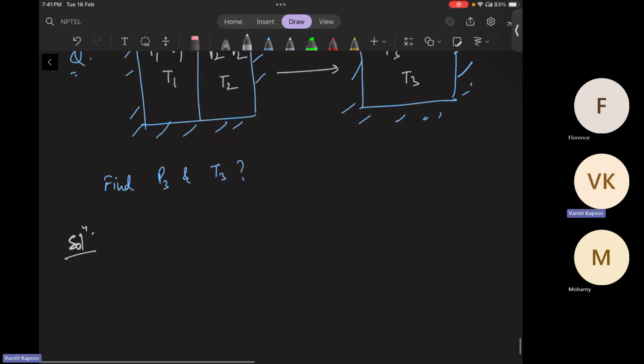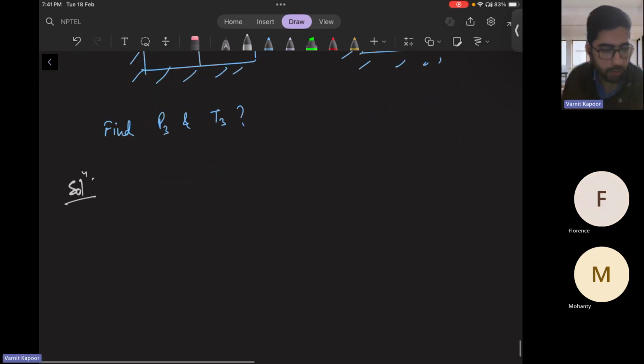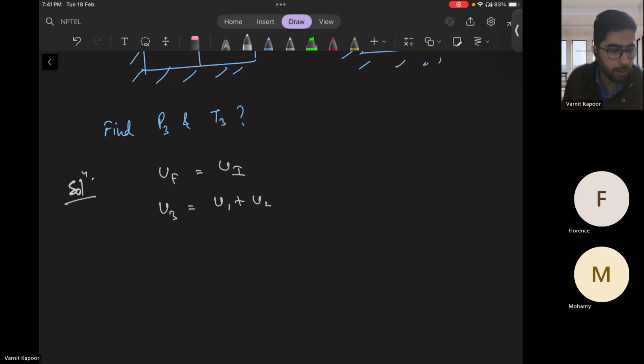All right, pretty easy. As it's a free expansion, you can say that final and initial internal energies are same. What is final internal energy? U3, and initial internal energy is U1 plus U2.